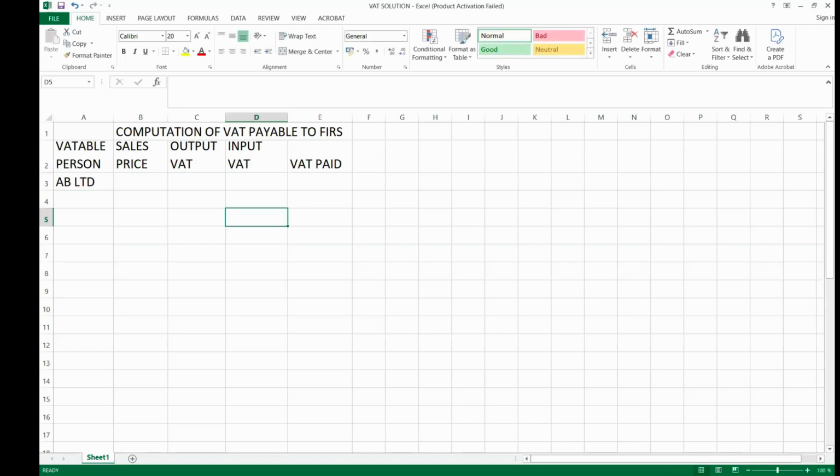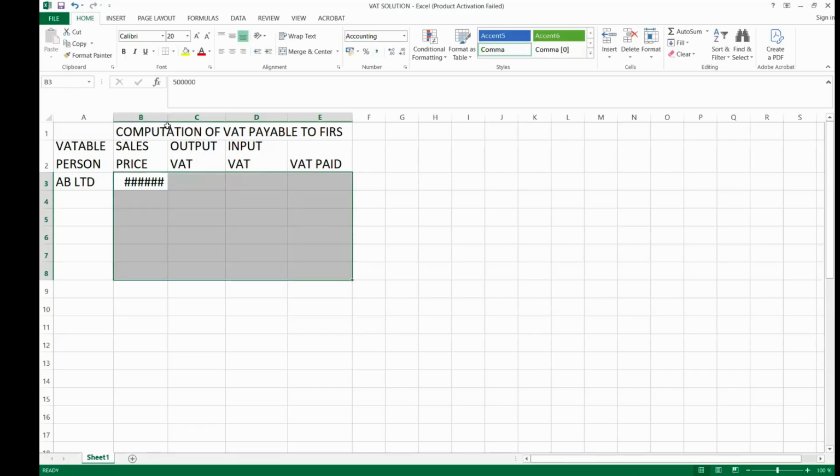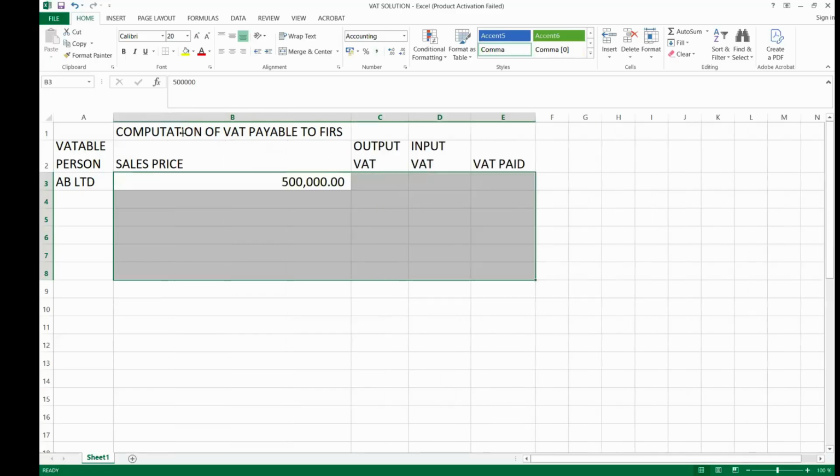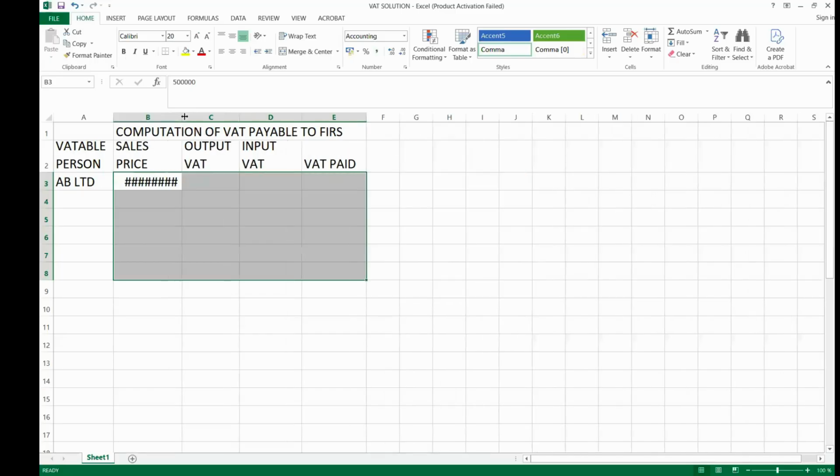The raw material sales price is 500,000. And we all know that sales give rise to which type of VAT? Output VAT.